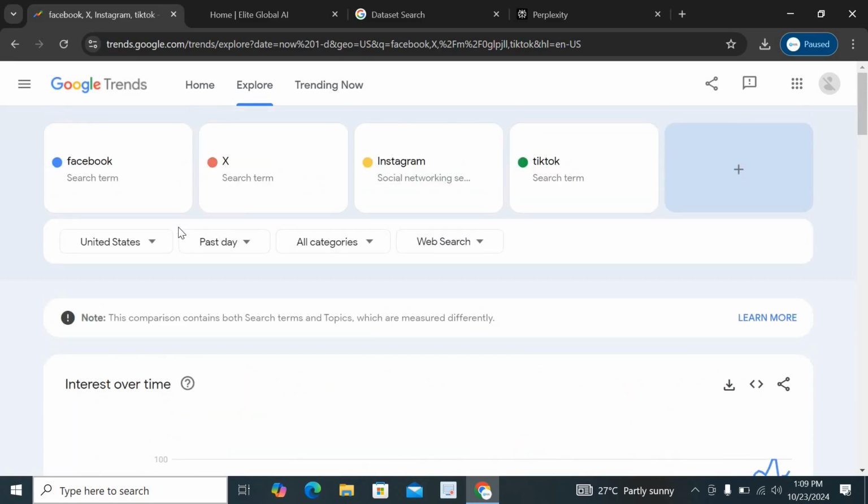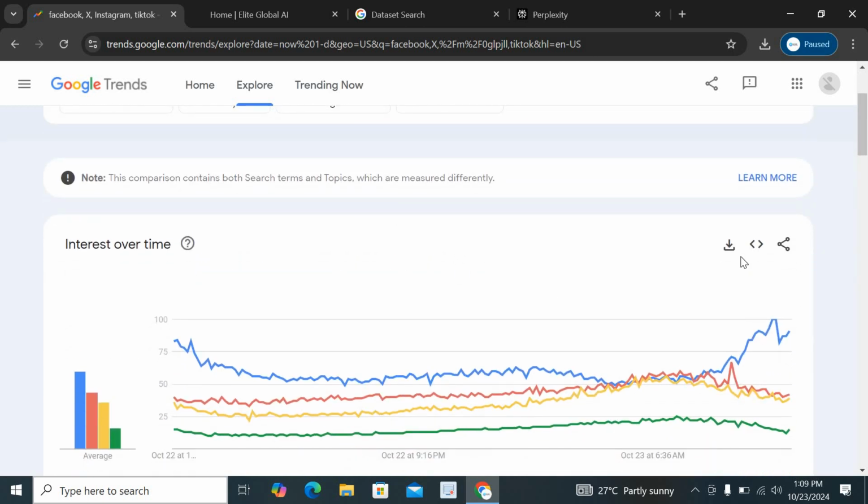So we checked Nigeria, we checked the United States, we checked Facebook, X, Instagram, TikTok, and you can also add more things to compare with, right? And like I said, you can download this entire sheet as a CSV file. You can copy and embed links so that you can embed it on your website, and you can also share with others as well. All right.